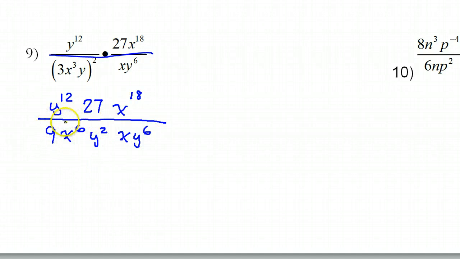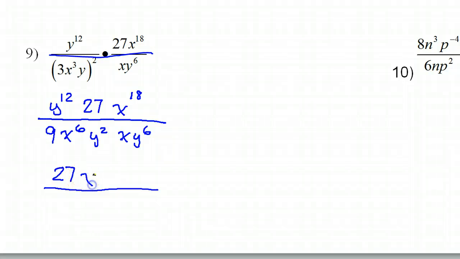So just cleaning this up a little bit. In the numerator here, I'm just going to redo the order is all. I've got my 27, I've got my x to the 18th power, and I've got my y to the 12th power. I just put it in the order that we usually do, alphabetical order.